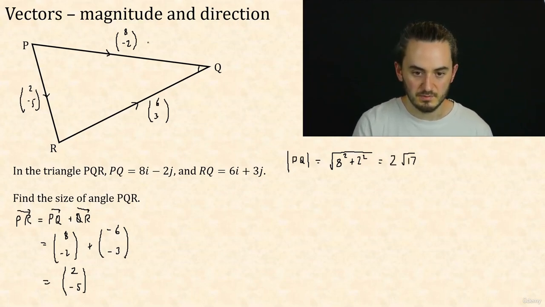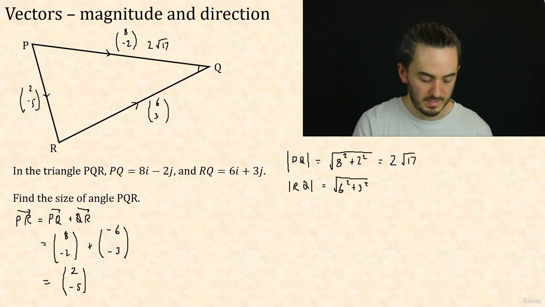So that's 2 root 17 up here. And RQ, let's find the magnitude of RQ. So that's the square root of 6 squared plus 3 squared, which is 3 root 5.